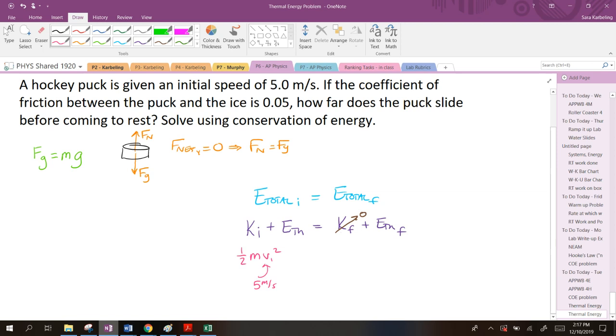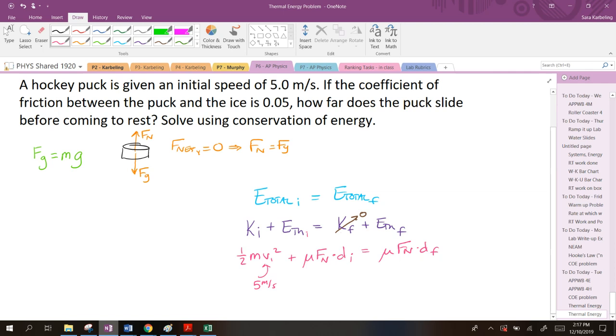For the initial thermal energy. Okay, so I've got plus mu Fn times D initial, and then do the same thing for the final. Is that what you said? Fn times D final. Okay.